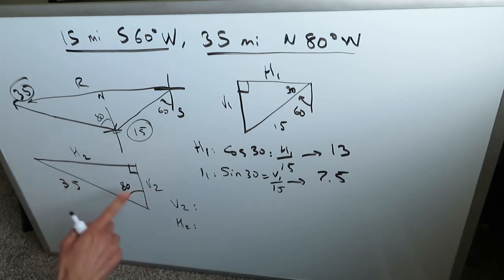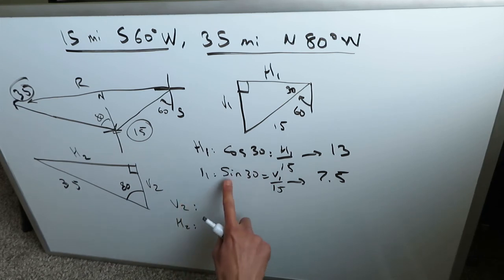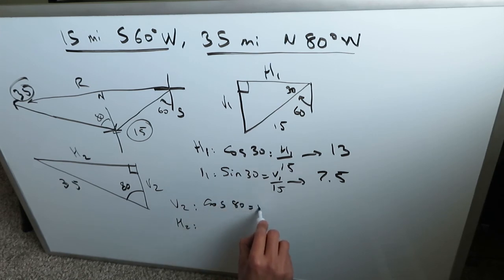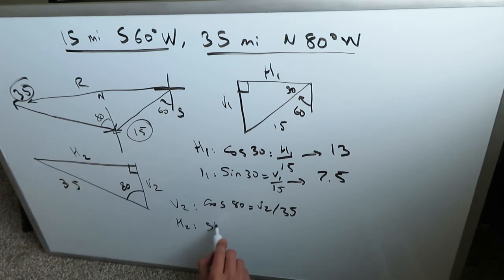Now here the vertical is adjacent to your angle, so you have to use the cosine formula here for the vertical. Here we're using the sine for V1, but here we're using the cosine. So the cosine of 80 is equal to V2 over 35. And what about H2? It's opposite to your angle, so you're using the sine over here. Sine of 80 is equal to H2 over 35.